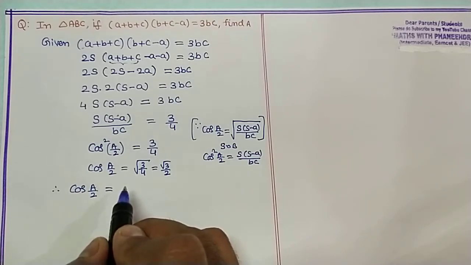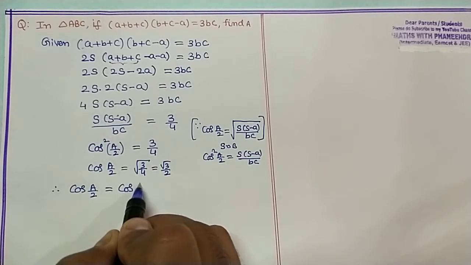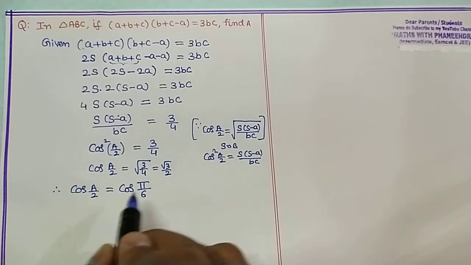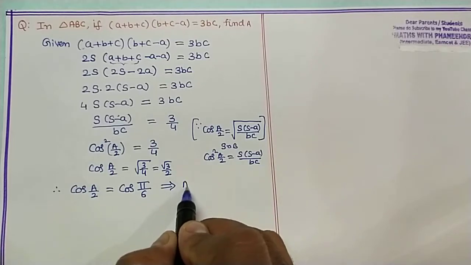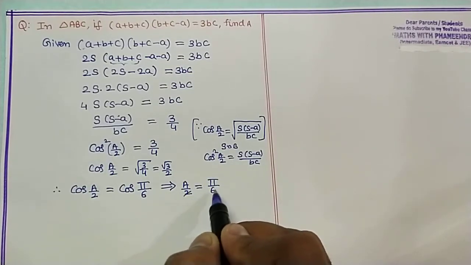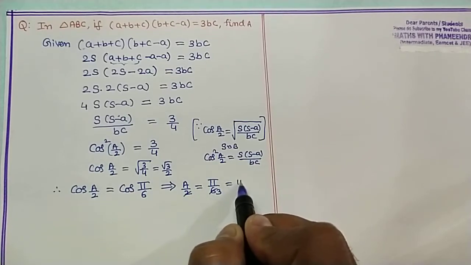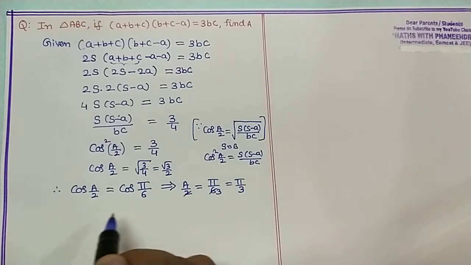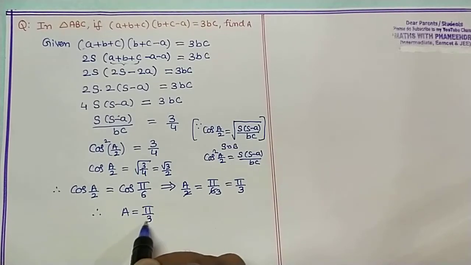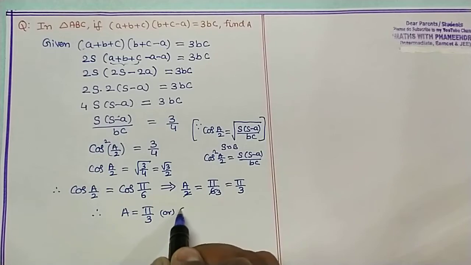We can write it as cos 30, 30 means pi by 6. So comparing the angles, we get A by 2 is equal to pi by 6. 2 ones are 2, 2 threes are 6, that is equal to pi by 3. Pi by 3 means 60. Therefore, A equal to 60 degrees, pi by 3 or 60 degrees.